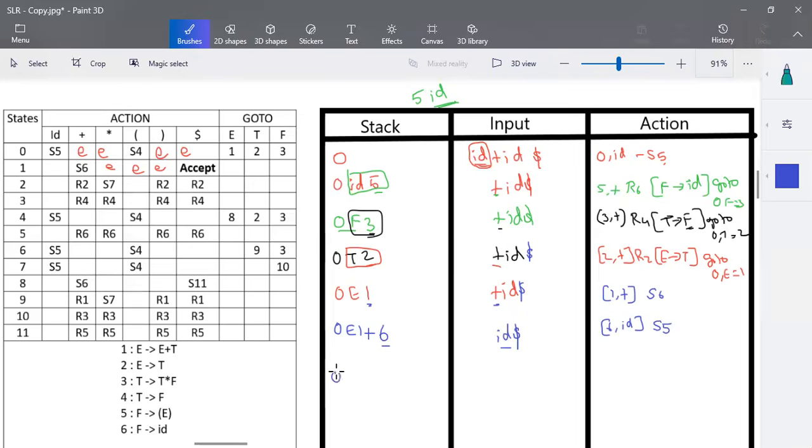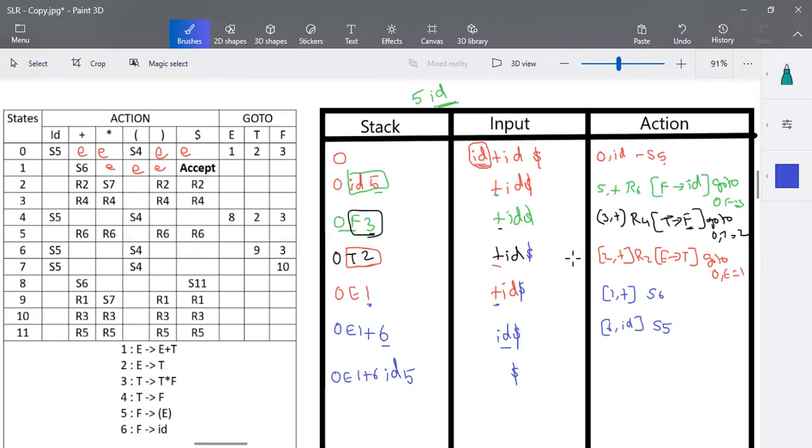The already existing stack remains as it is: 1, plus, 6. This ID will be removed from the input and pushed into the stack. So the input will just consist of dollar, and each shift operation is followed by go to state 5. Shift one token from input to stack and go to state 5. That is the meaning of S5.